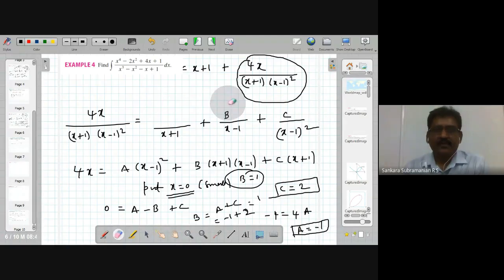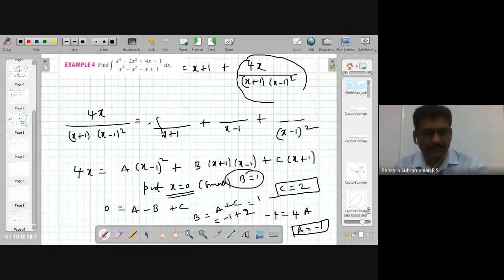So the values of A, B, C can be substituted here. A is minus 1. So you can put that in here. And what about B?